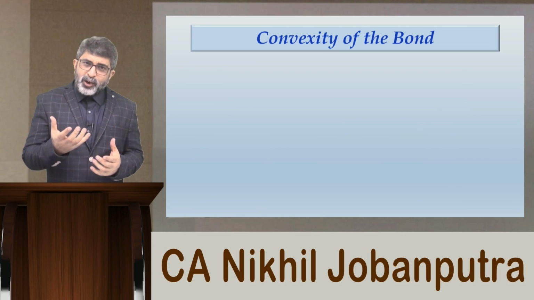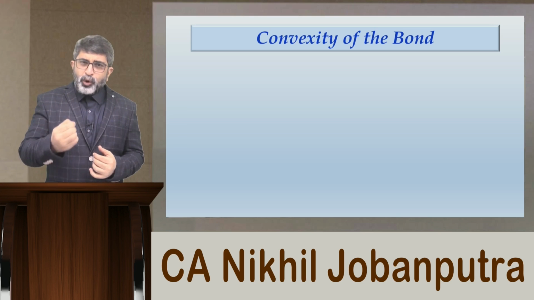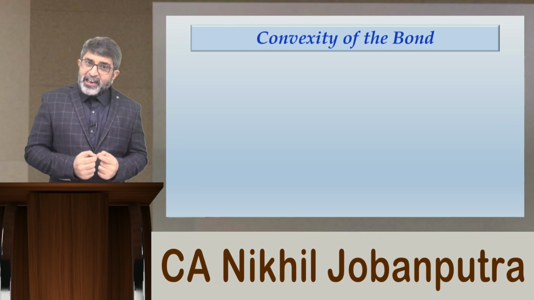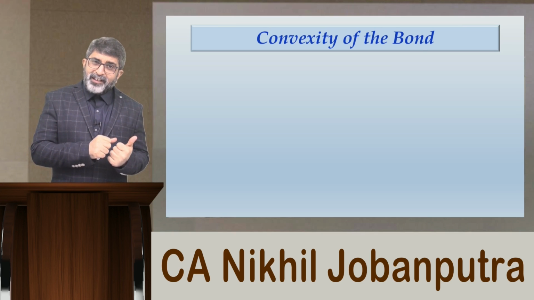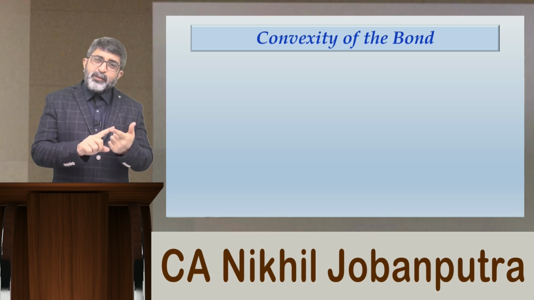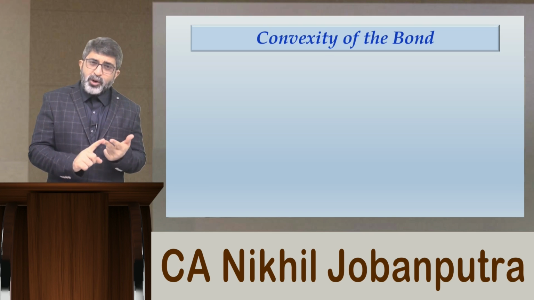What exactly is the convexity of the bond? Before I get started with that, let me just help you recollect what we have learned in the earlier classes. In the earlier classes, we have learned about sensitivity and volatility of the bond.